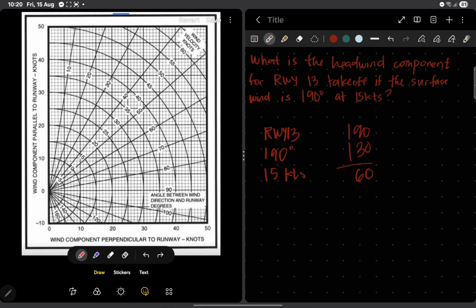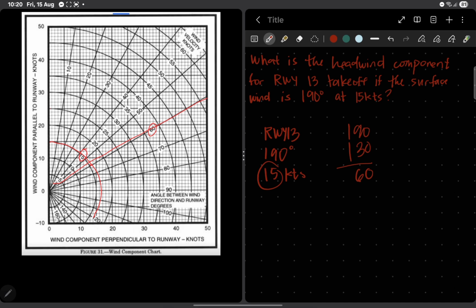Now, since you have your angle already, you look at the speed of your surface wind, which in our case is 15 knots. You look for 15 knots, which is right here on this arc specifically, and then you look for 60 degrees, which is this angle. Then you look for where they intersect.